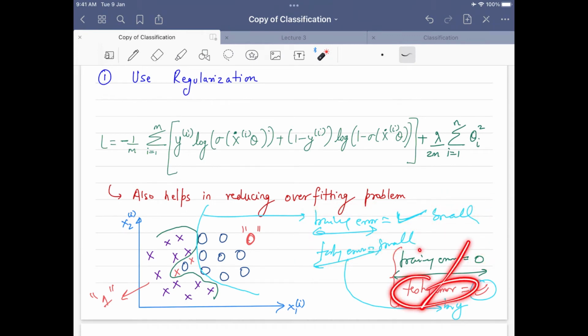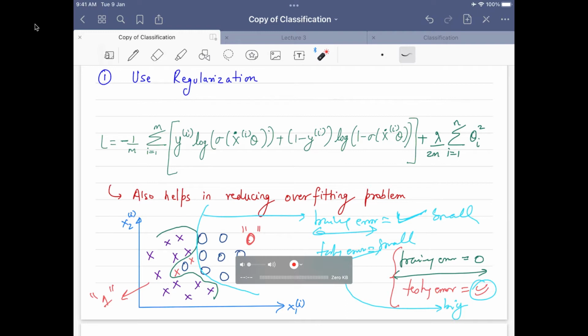So we do not want this situation, we want this situation. So basically regularization helps you in achieving this by reducing the overfitting and making a curve which is a little bit relaxed compared to the situation where the curve is highly complex.